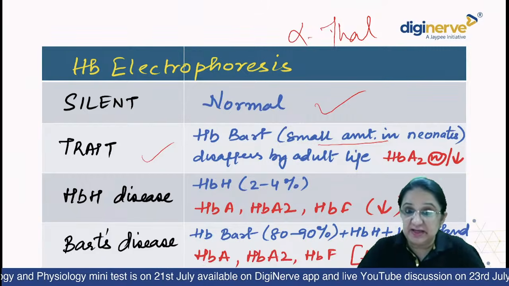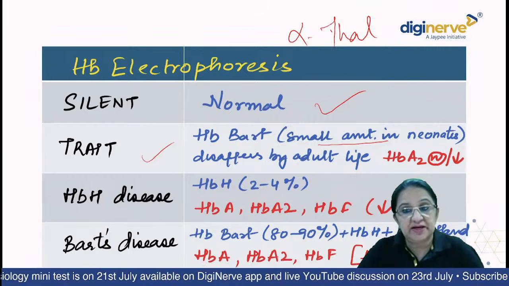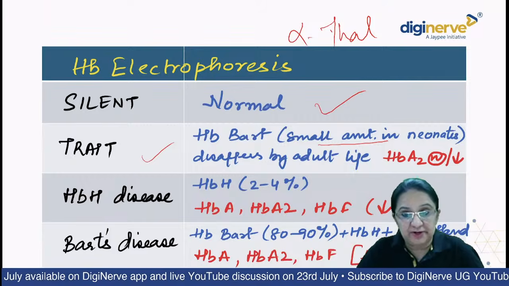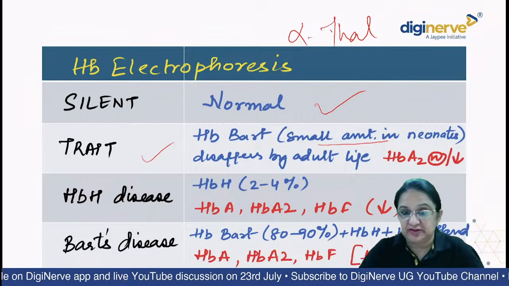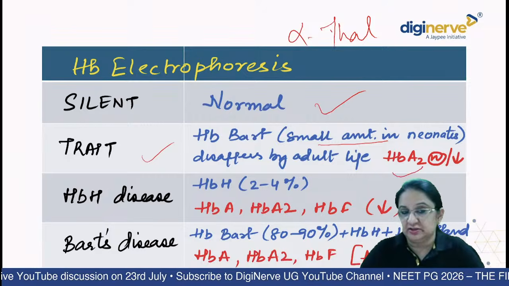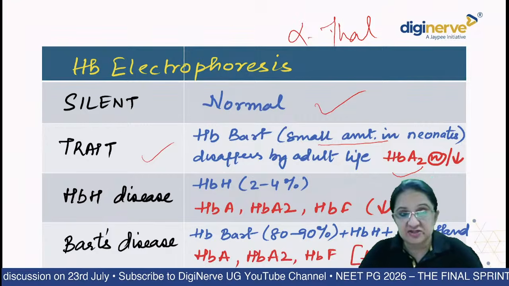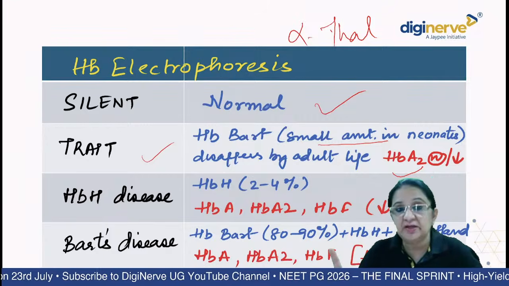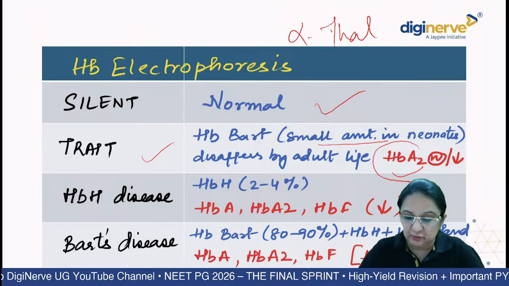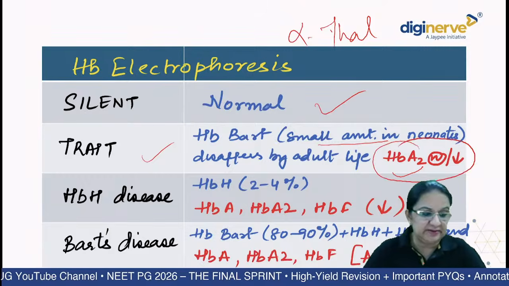And what was the normal HbA2 level? It was 2.5 to 3.5. So HbA2 would be normal or slightly reduced here. I will ask you this question again once we are doing beta thalassemia trait. In alpha thalassemia trait, HbA2 would be normal or slightly reduced.